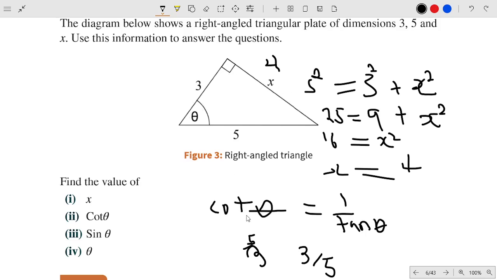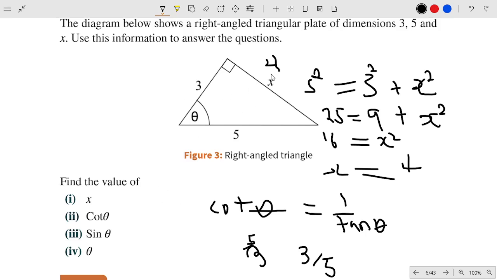So, sorry, let's check the first one. We had cot. When we consider tan, tan is opposite on adjacent.